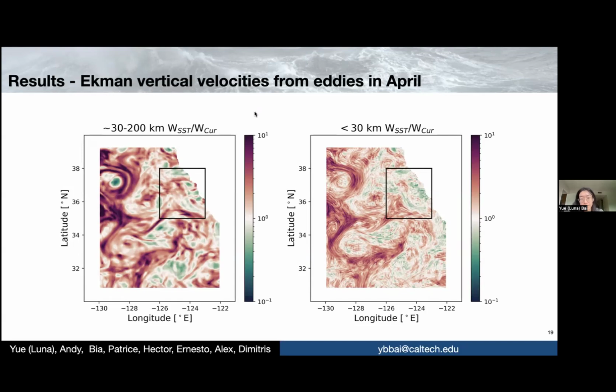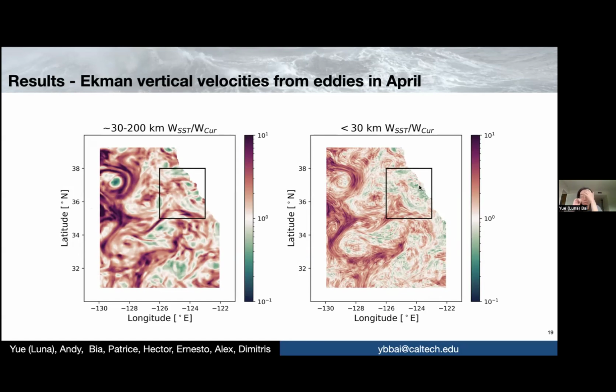Everything red means SST is dominating, and everything blue or green shows the current is dominating. We can see that at mesoscale, it is clearly very much SST dominated, no matter if it's offshore or along the coast.